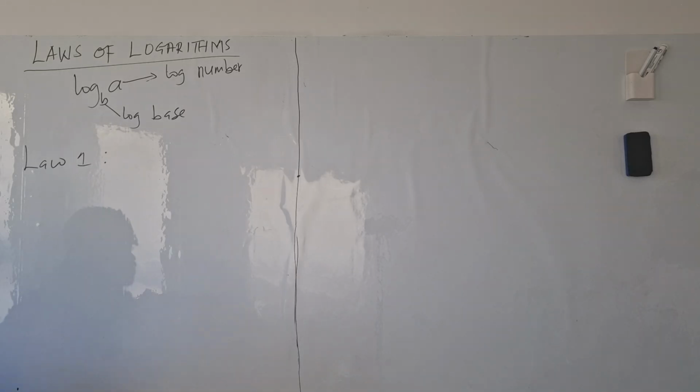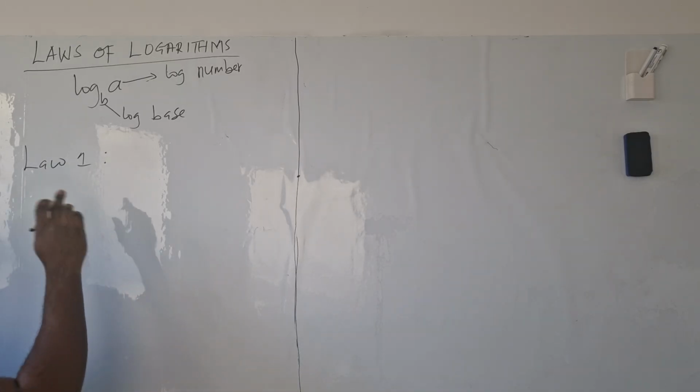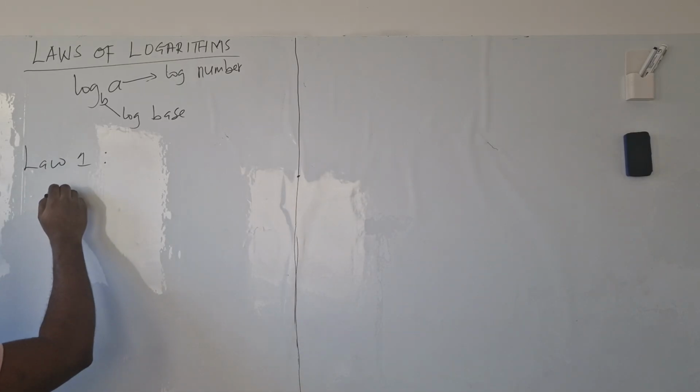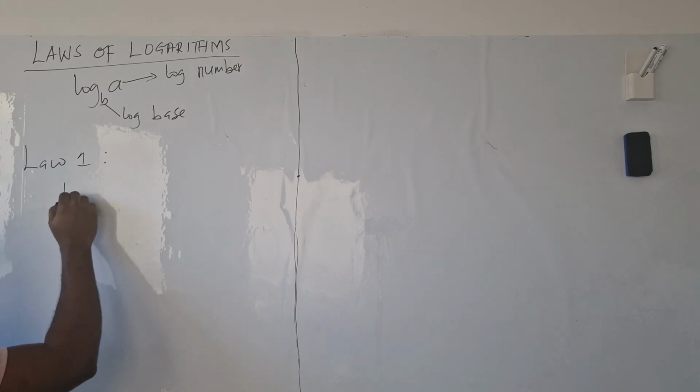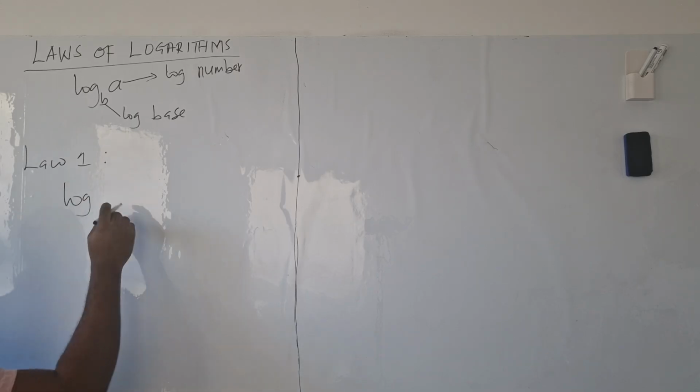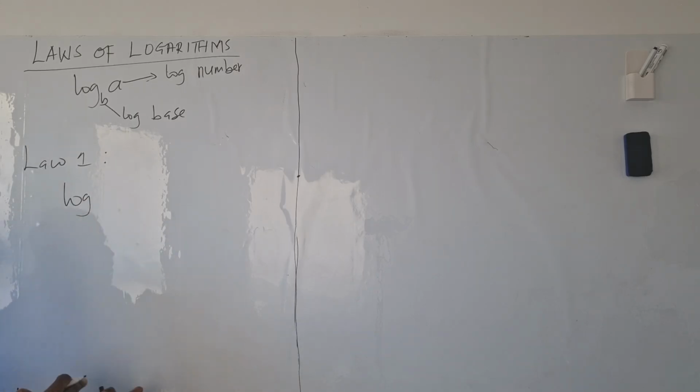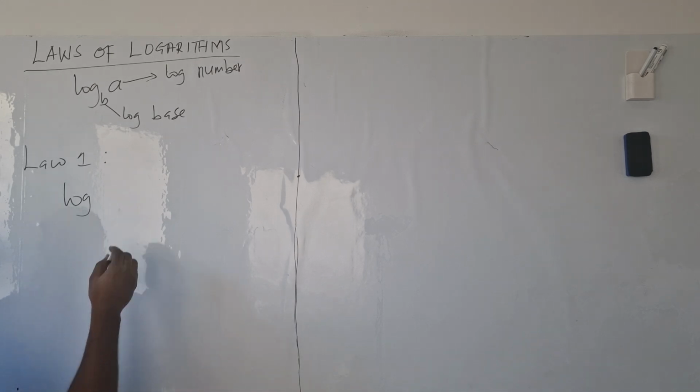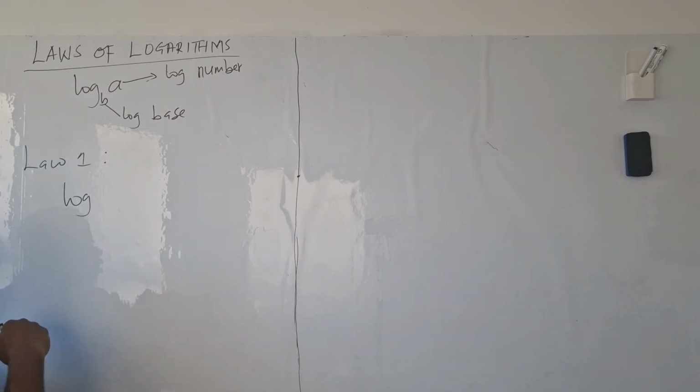Some people call it the multiplication law or something like that, but I don't want to give it any specific title. So the first law says when I have log of numbers multiplying each other, let's say two numbers multiplying each other with a common base.